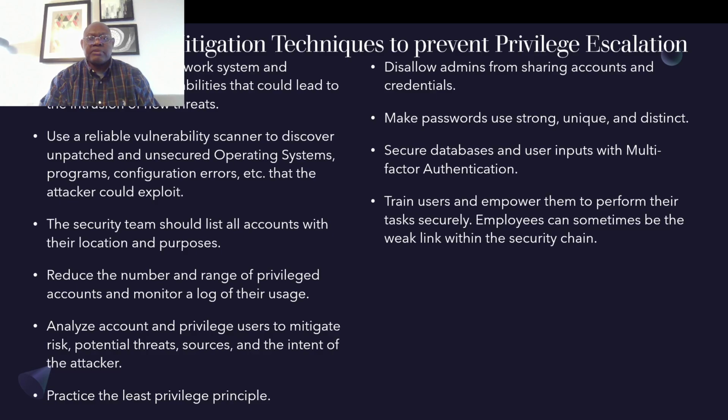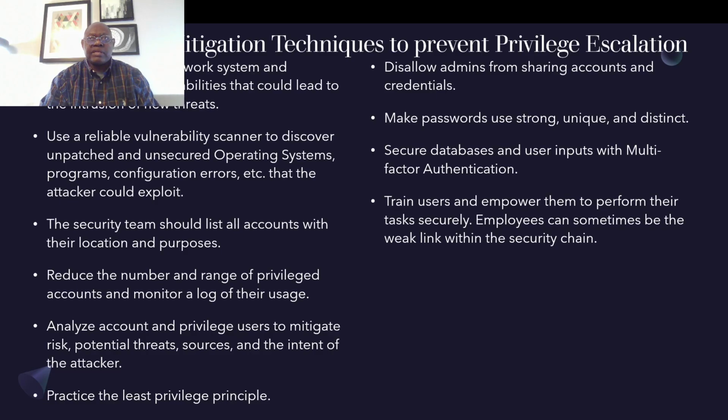The security team should list all the accounts with their location and purposes. Reduce the number and range of privileged accounts and monitor a log of their usage. Analyze accounts and privileged users to mitigate risk, potential threat sources, and the intent of the attacker.